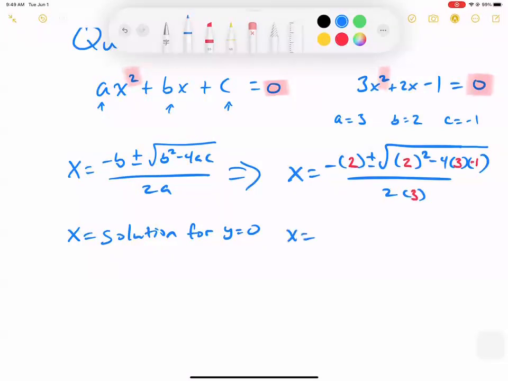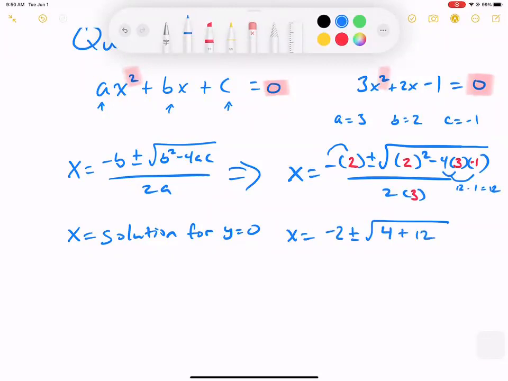x equals 2. Now let's distribute. A negative 2 becomes a negative 2, plus and minus the square root. Now, what goes inside? What's 2 squared? 2 squared is 4. Minus 4 times 3 is 12, and 12 times 1 is 12. Okay, let me do this again.